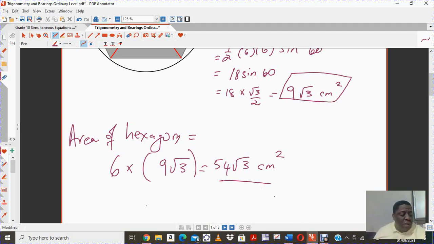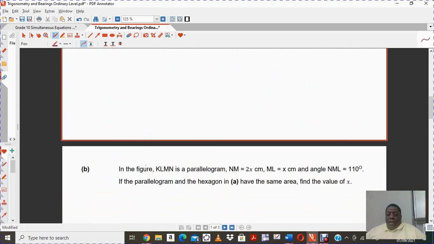You can use your calculator and give that to, say, 3 decimal places, maybe 93.5 centimeters squared. So that is also going to be an acceptable answer. You can also work with that. Good, so we now know what the area would be.